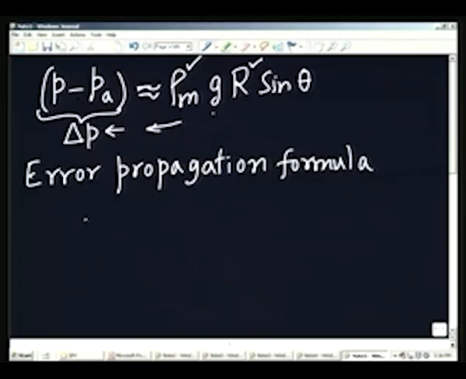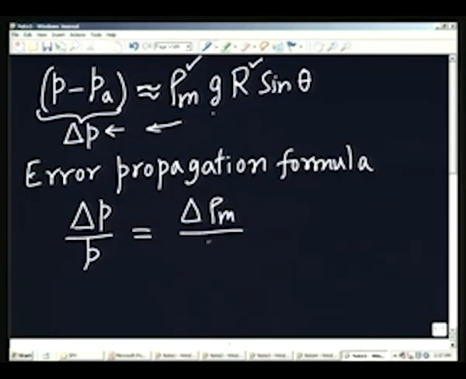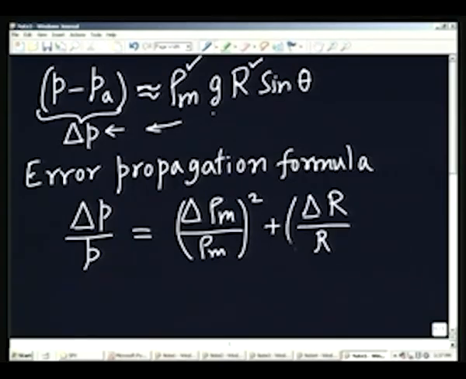So, if you write the error propagation formula, delta p, which can be obtained by simply logarithmic differentiation, because this is in the form of a product of quantities. So, this becomes delta rho m by rho m whole squared plus delta r by r whole squared, plus or minus, under square root.